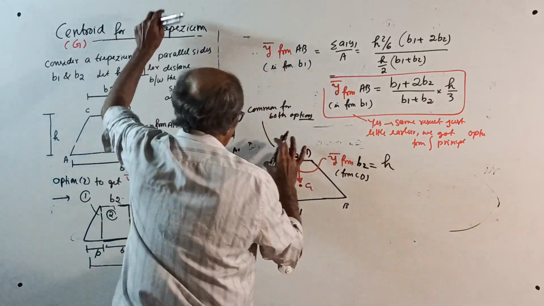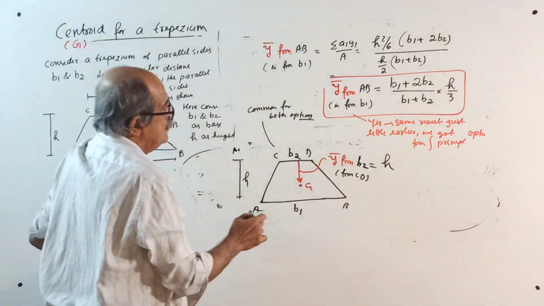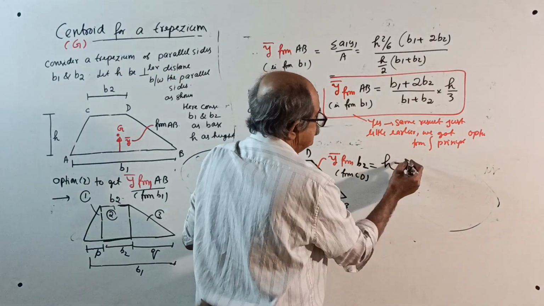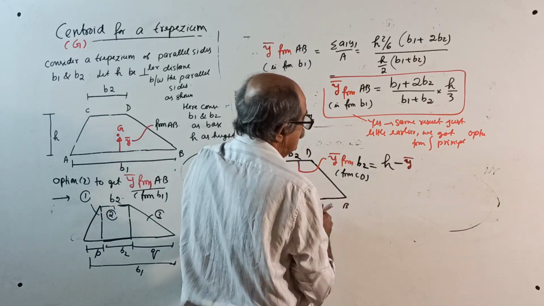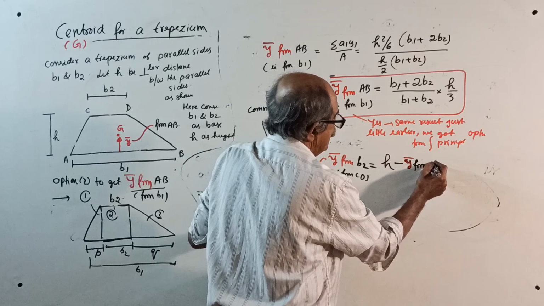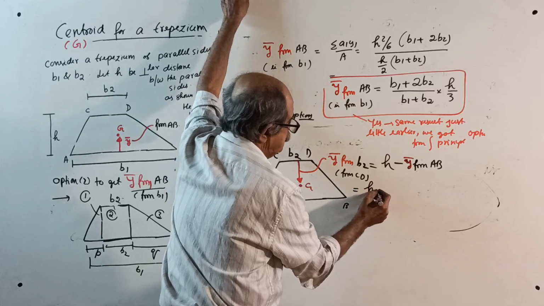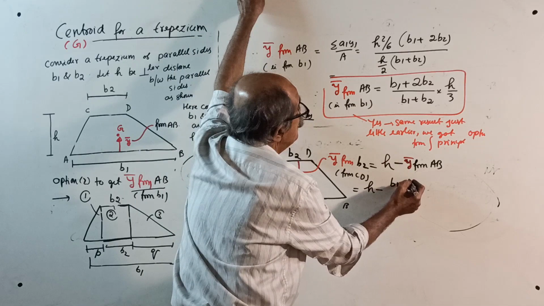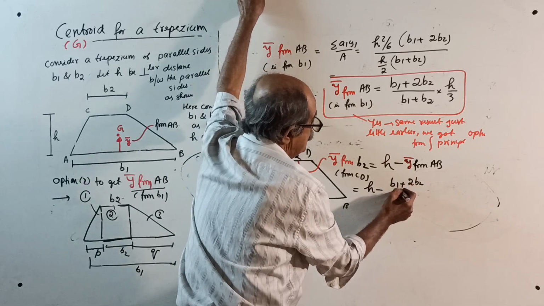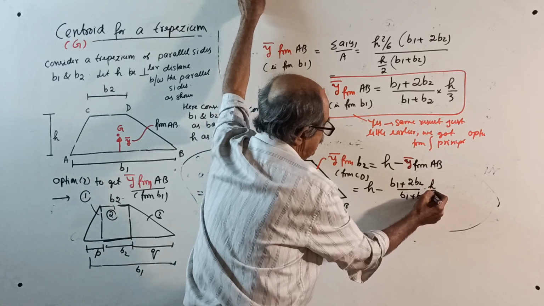See here, this full is H. Whatever is H minus y bar from AB, that equals H minus y bar from AB, and you got (B1 plus 2B2) divided by (B1 plus B2) into H by 3.